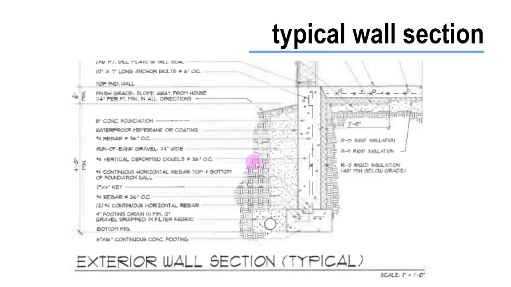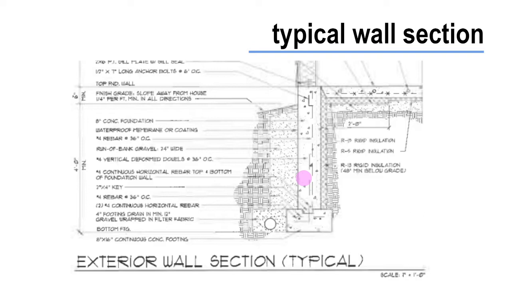We can see every single little bit and piece of material identified and defined in the wall section. And the wall section is typically done at a much larger scale than the rest of your drawings.